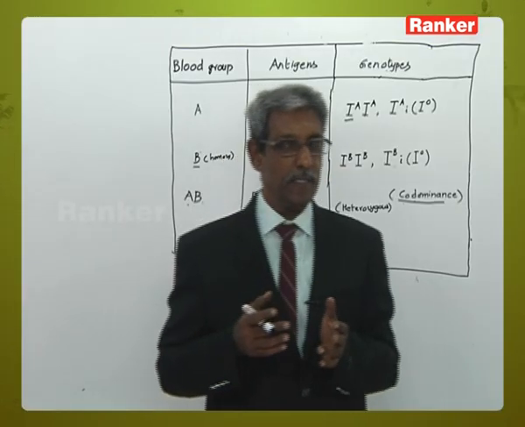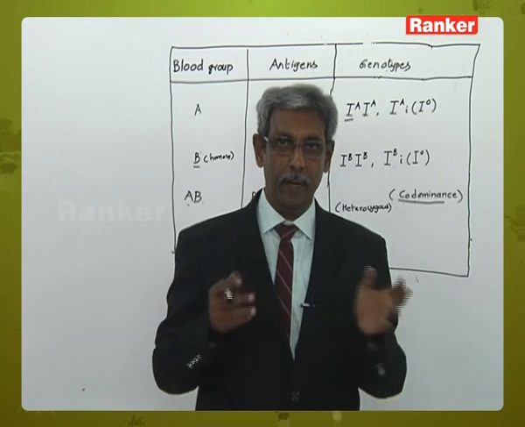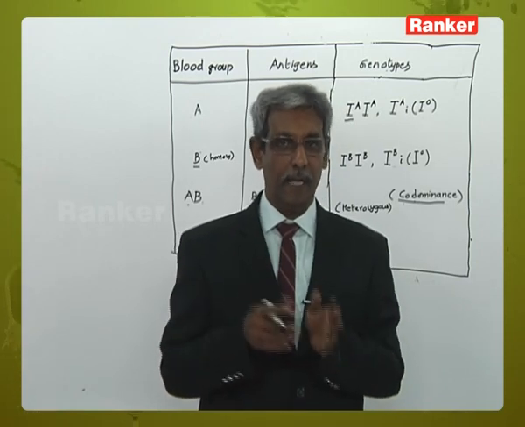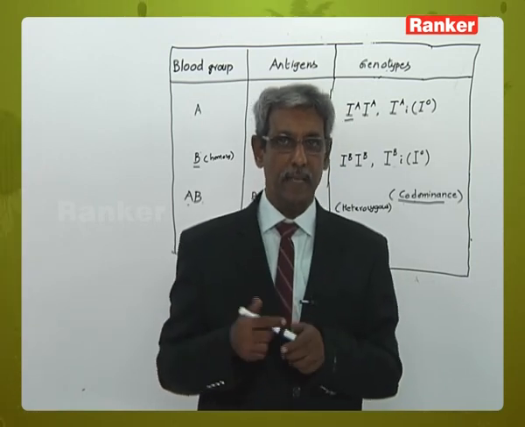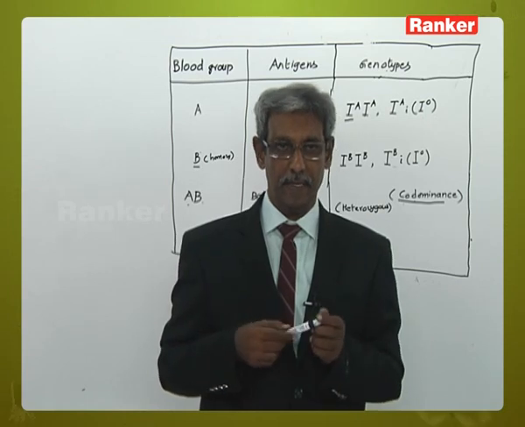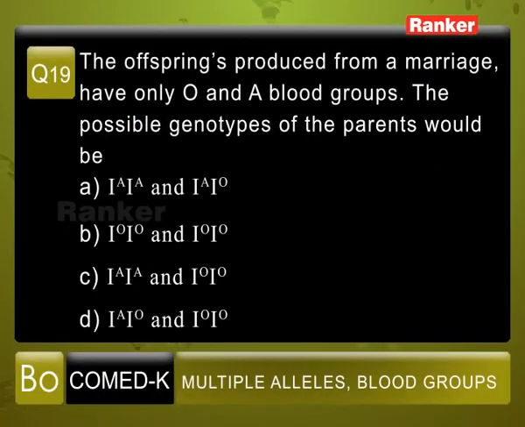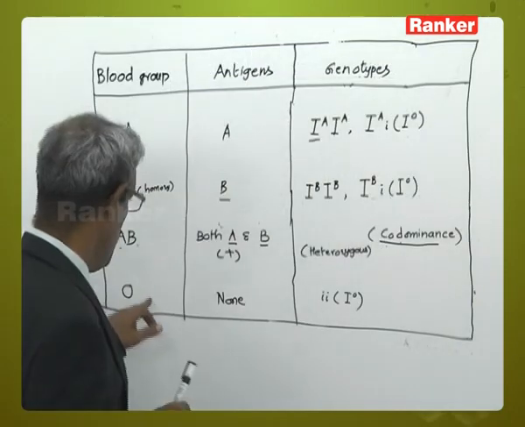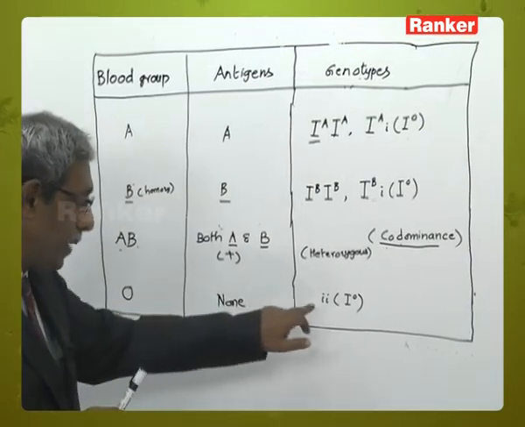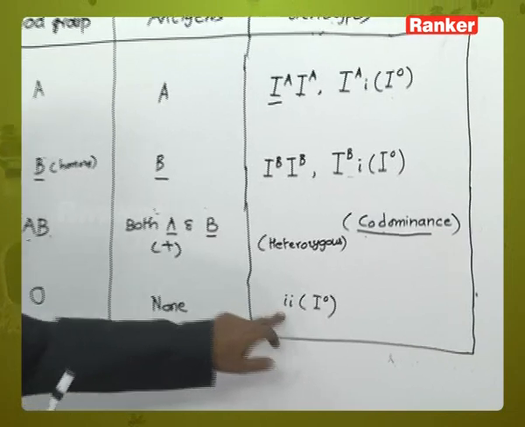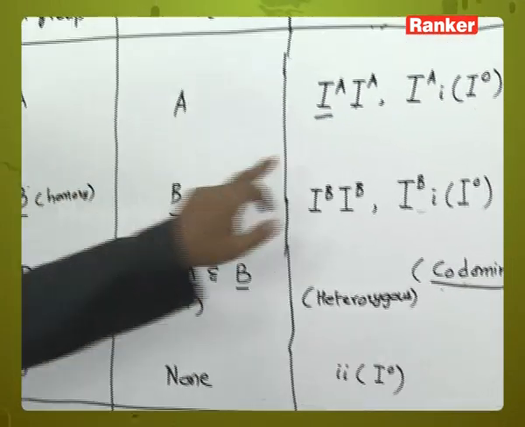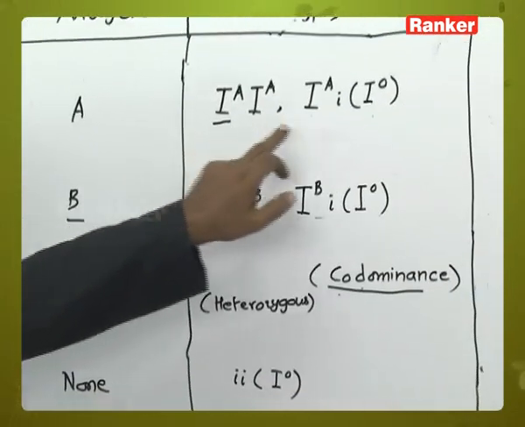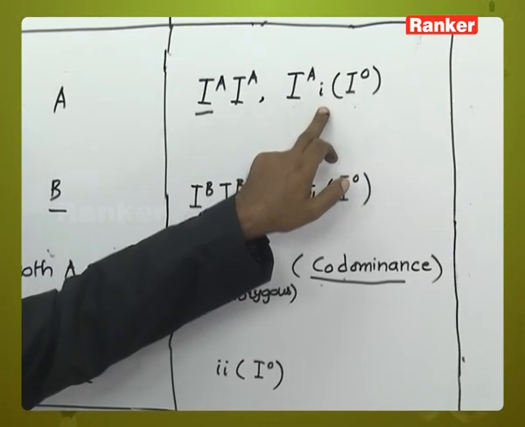In multiple choice questions, often the genotypes of the parents are asked, given the blood groups of the offsprings. So, question number 19 says the offsprings produced from a marriage have only O and A blood groups. Because offsprings have only O and A blood groups, you understand blood group O has the genotype small i, and blood group A has the genotypes IA IA as well as IA i.